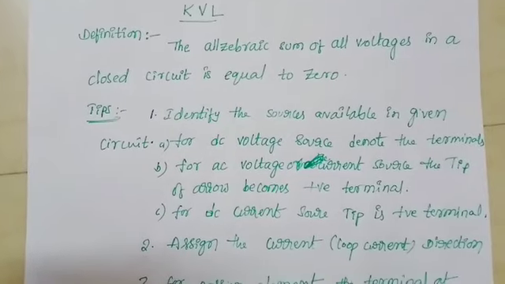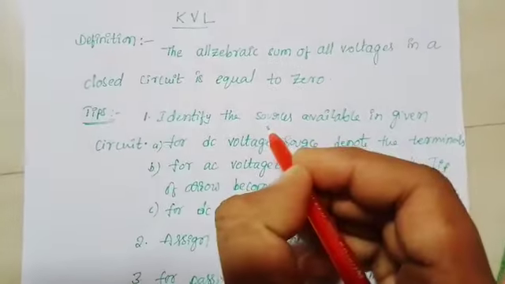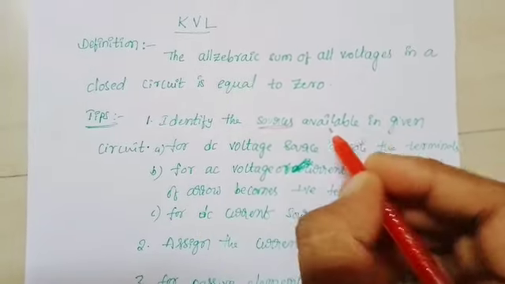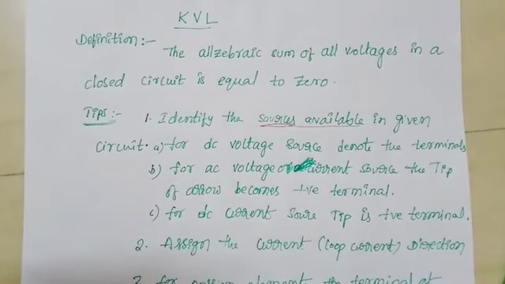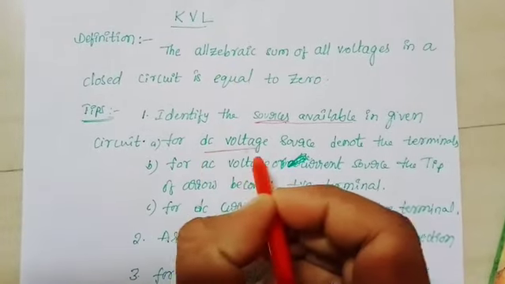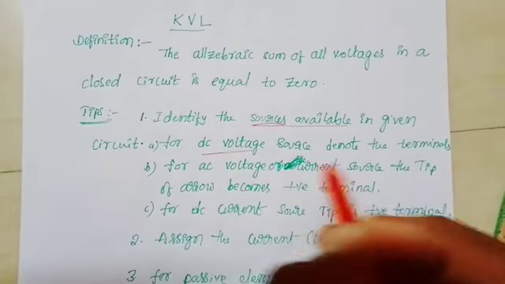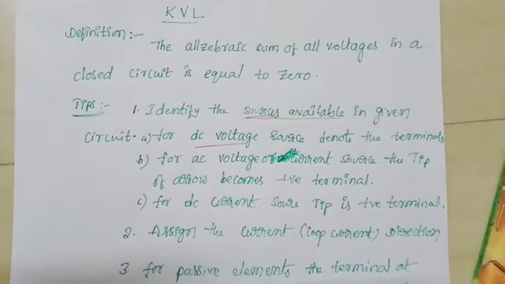The first thing is we need to identify the sources available in a given circuit, right? If the source is a DC voltage source, then the terminals become positive and negative terminals.